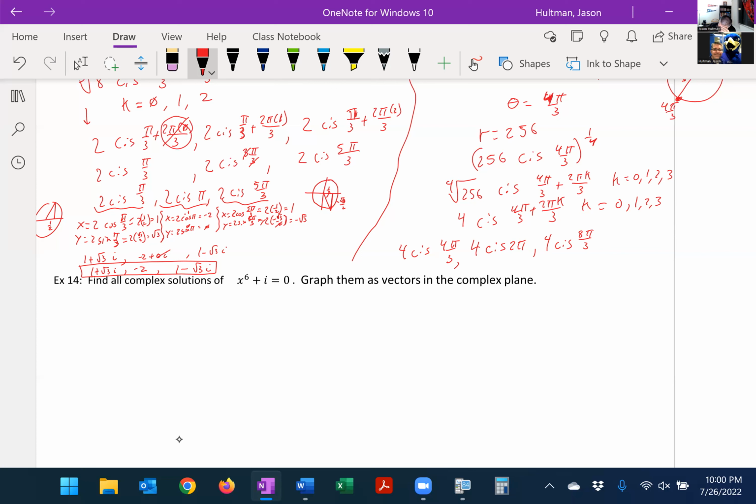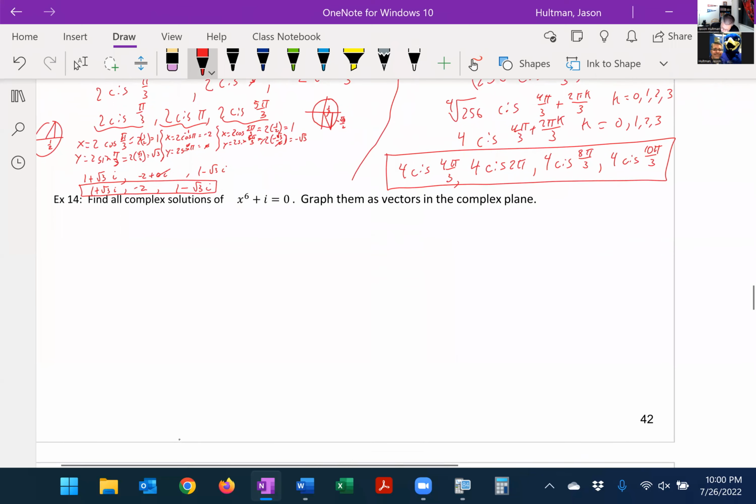We could reconcile that if we wanted to, but I'm not going to. It would really end up being 2 pi over 3, but it's fine. And then if we plug in 3, we get 6 plus 4, which is 10. So that's going to be 4 cis 10 pi over 3. We can leave it like that. We don't need to mess with it anymore.